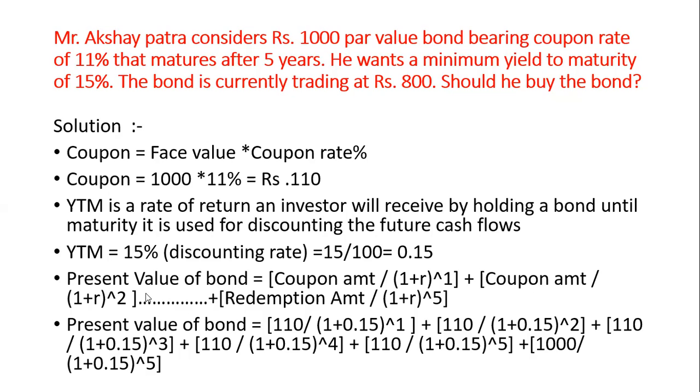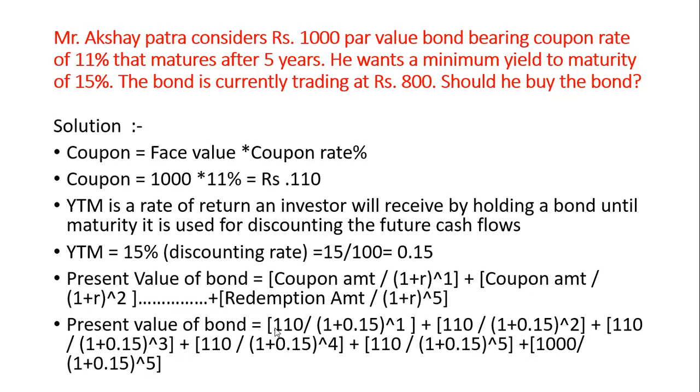And you do it for the third year, fourth year similarly, and plus fifth year, coupon divided by 1 plus R raised to 5. And the redemption amount, that is repayment of principal amount, upon 1 plus R raised to 5. You will be getting 1000 at the end of the fifth year. You will get the face value, that is par value, at redemption.